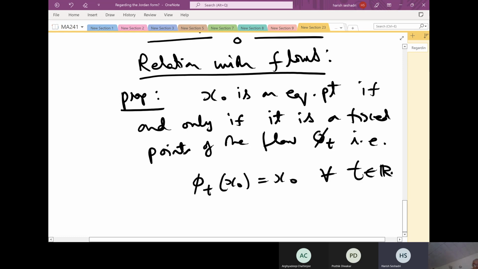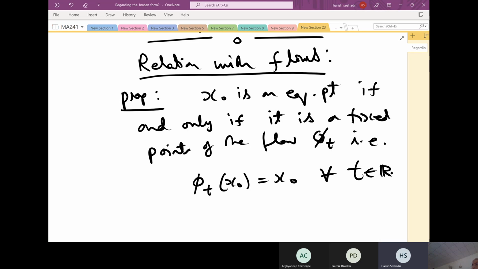So already I'm making an assumption that all these flow maps are defined for all time. In other words, every solution is defined for all time. That's going to be a standing assumption.